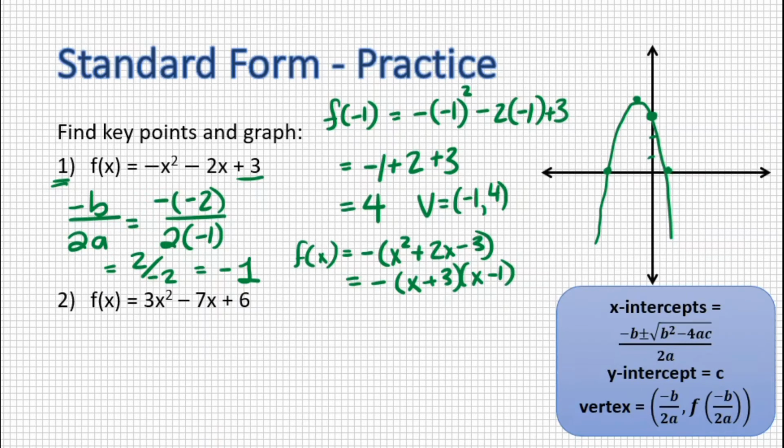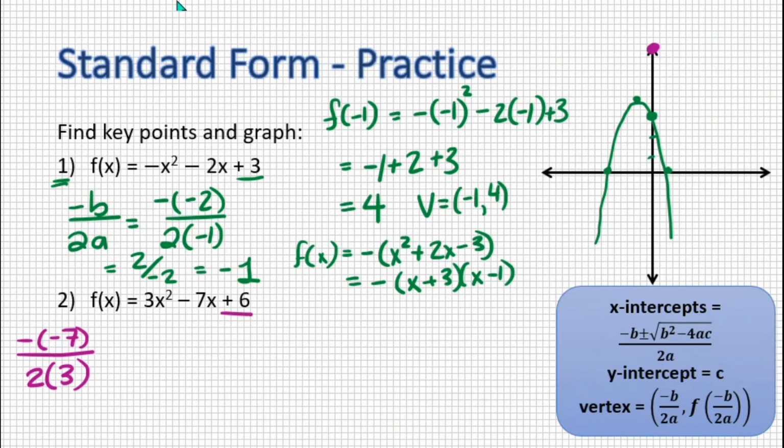Looking at our second parabola, start with the y-intercept, pardon me, which is going to be somewhere up here. And let's head over and find the vertex. Negative b over 2a, negative negative 7 divided by 2 times 3.